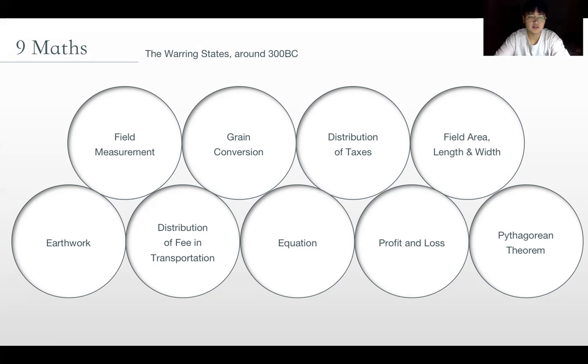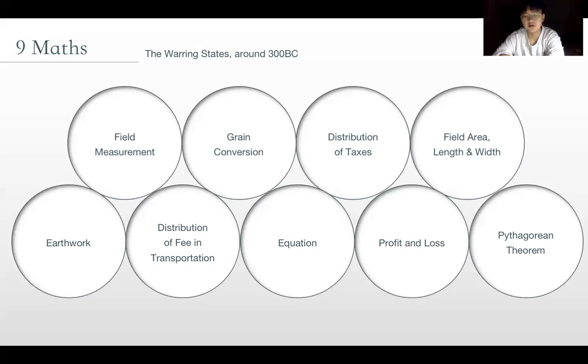The fifth one is earthwork. When people build something like bridges, like buildings, they need to do math like how much dirt or how much wood they would need for this building. That's called earthwork.